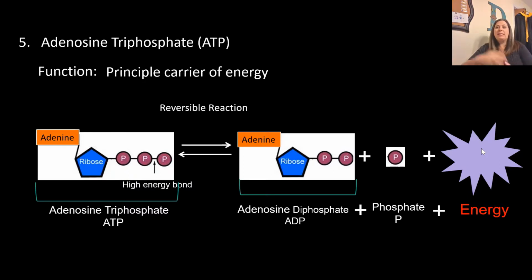This is where we take energy and attach it to that phosphate, and we go back from ADP to ATP. So there's a constant back and forth happening inside of a cell in the use of ATP and the storage of energy in forming ATP.